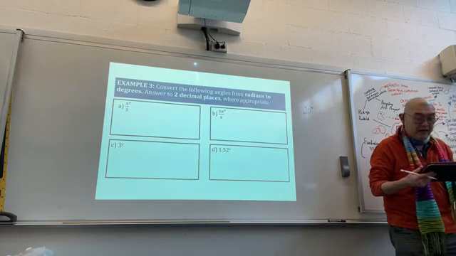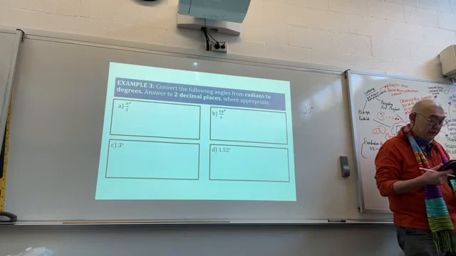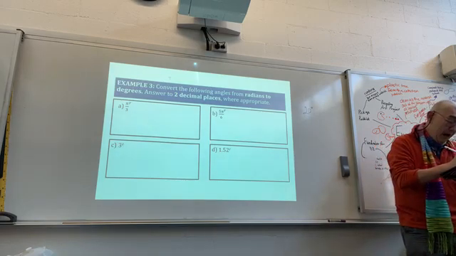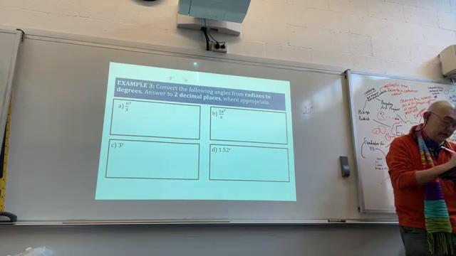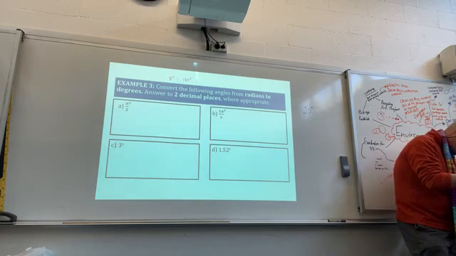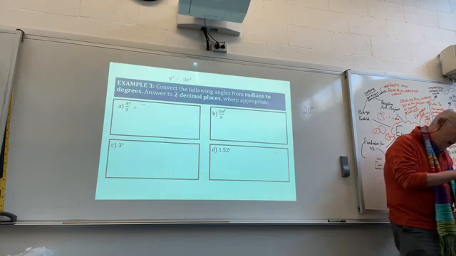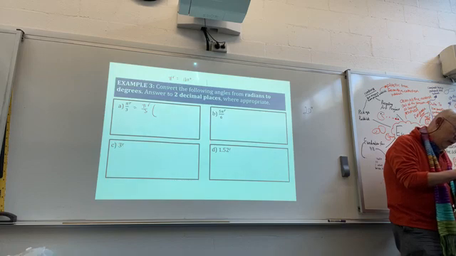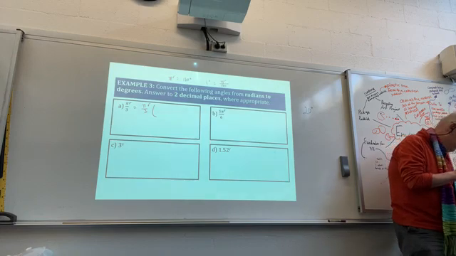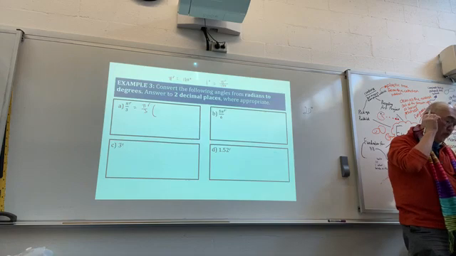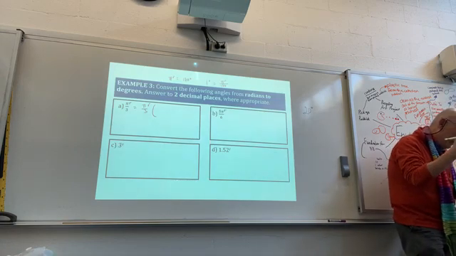Convert the following angles from radians to degrees. Answer to 2 decimal places. All right. You know that pi radians equals 180 degrees. How could you actually use it? So we know that pi over 3 radians times, so 1 radian is actually 180 over pi degrees, converting radian to degree.